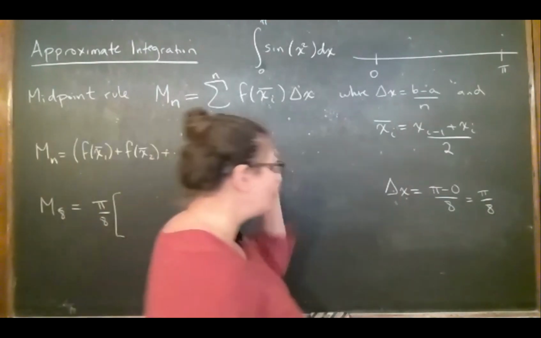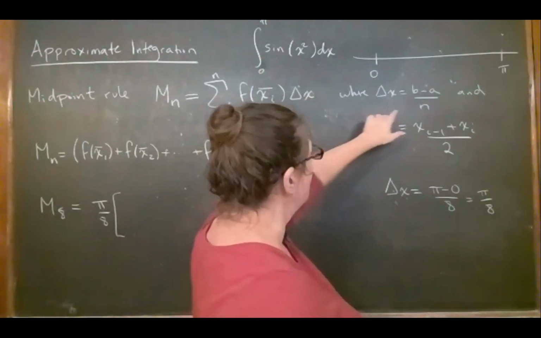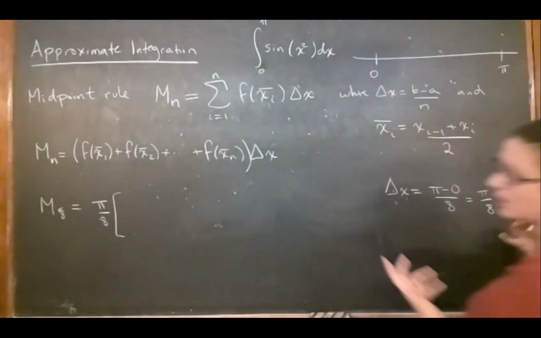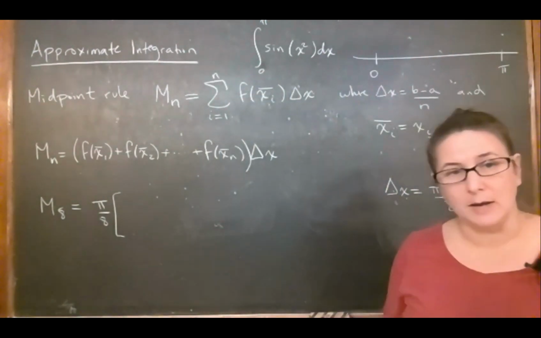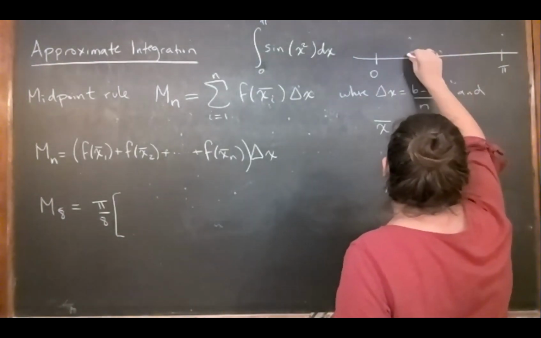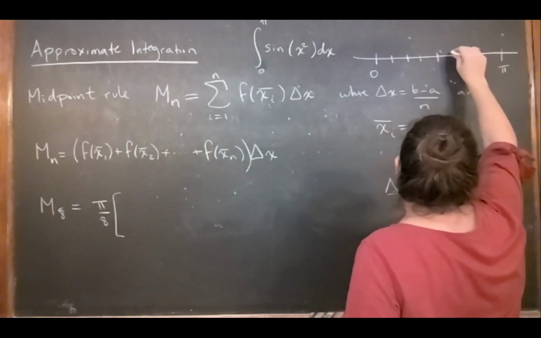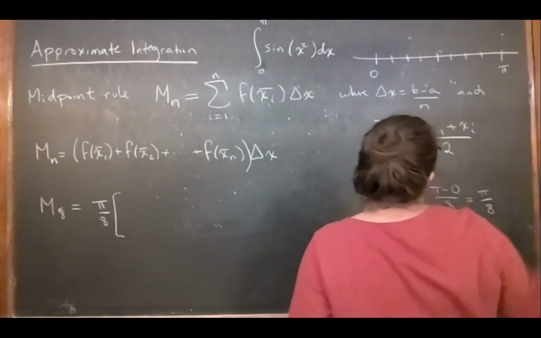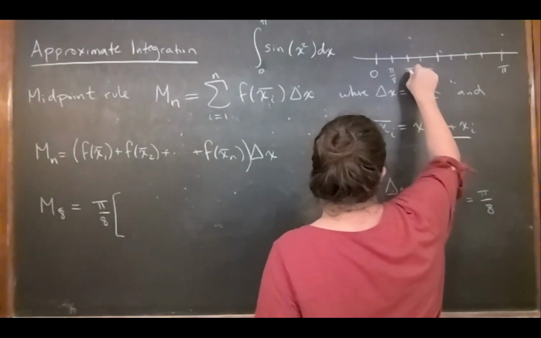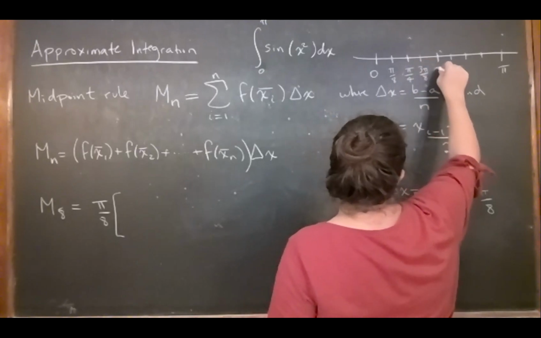And then f of x is sine of x squared, but I need to know what points to evaluate it at. So first of all, I'm going to take my partition and I'm going to break it up. So I'm going to actually just draw the partition, right? So I'm going to take this and draw it into 8 pieces. But that's quite easy, right? And then I'm going to write down what I have here. I got pi over 8, 2 pi over 8, 3 pi over 8, 4 pi over 8.